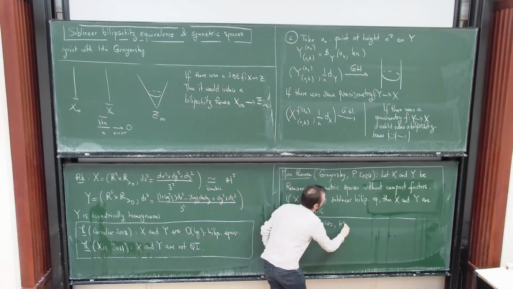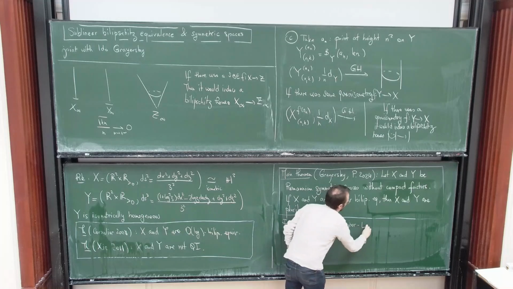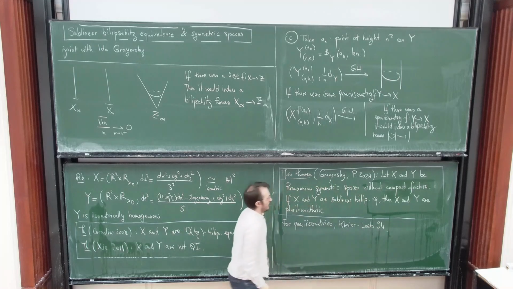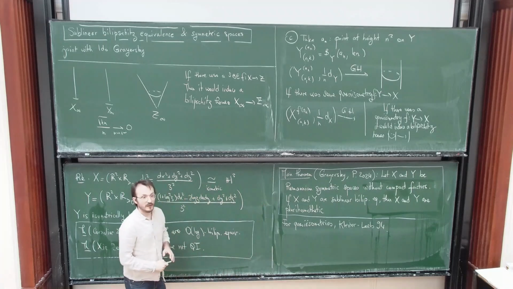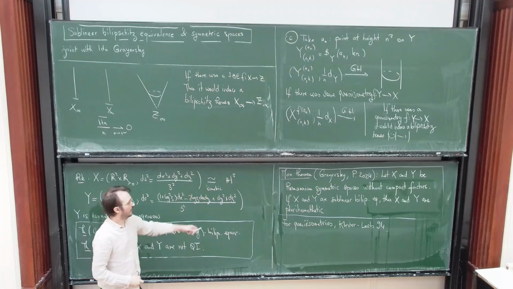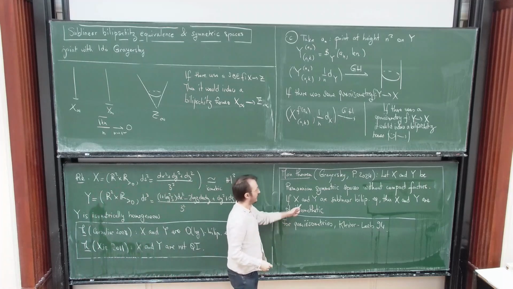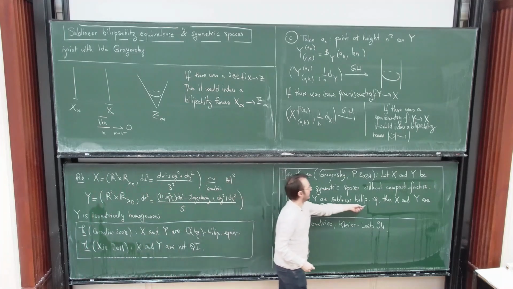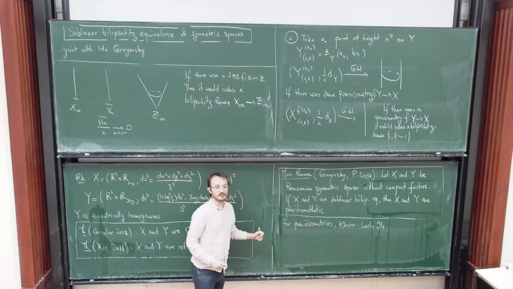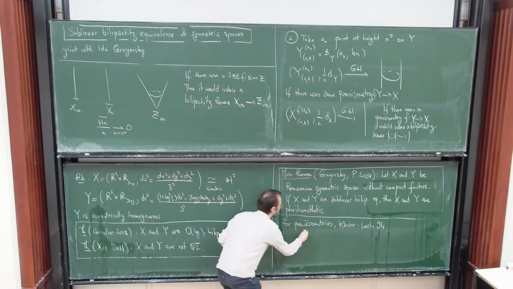Good question, thanks. If you replace sublinear bilipschitz equivalence here by quasi-isometry, so for v equal 1. Okay, that's for v equal 1.